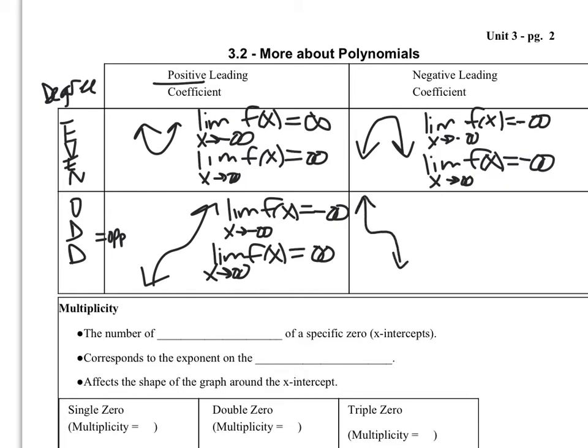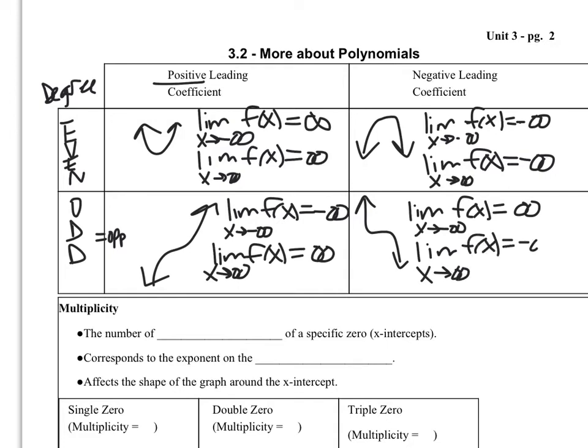Then we have odd degree negative leading coefficient. That means my left hand is going up. So as x approaches negative infinity, we're going to positive infinity. And as x goes to positive infinity, f of x is going down.